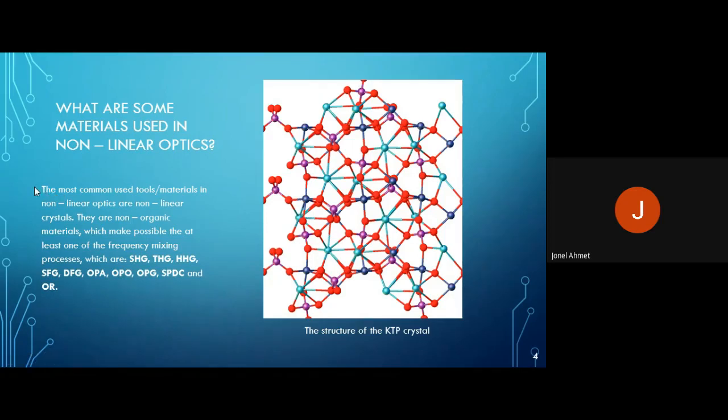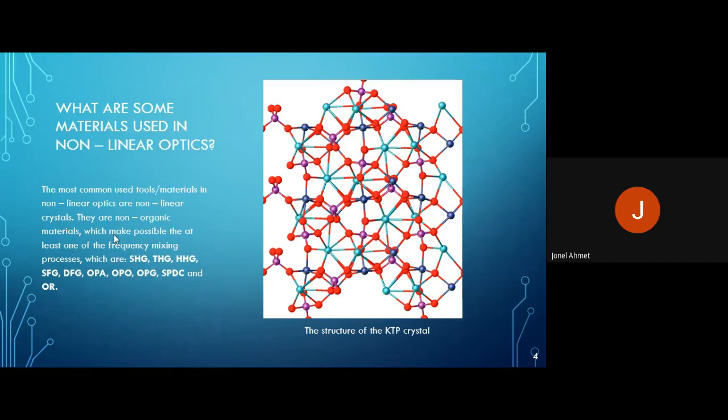They are non-organic materials which make possible at least one of the frequency mixing processes, which are SHG, or second harmonic generation, DFG, which stands for difference frequency generation, OPA, which is optical parametric amplification, OPO, or optical parametric oscillation, OPG, or optical parametric generation, SPDC, which is short for spontaneous parametric down conversion, and OR, which is optical rectification.